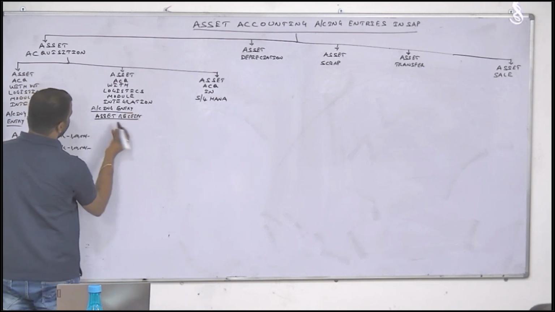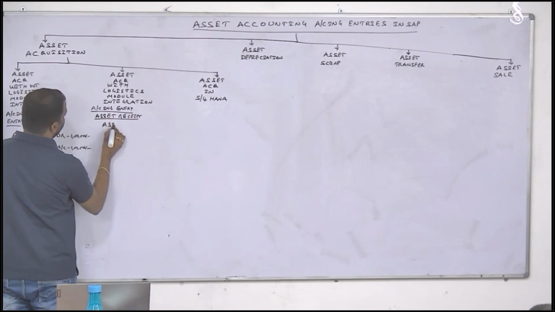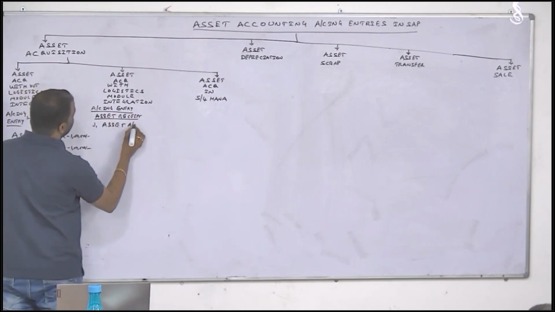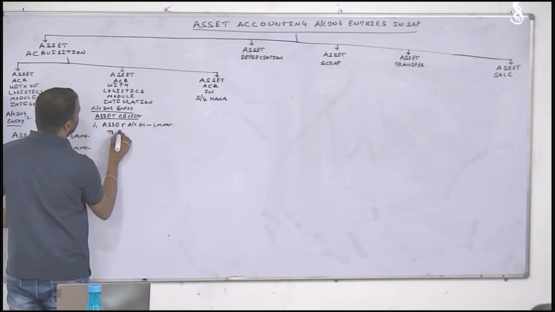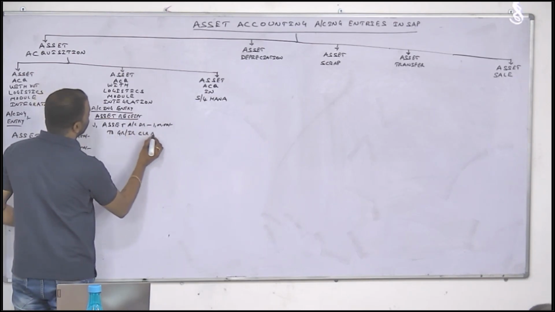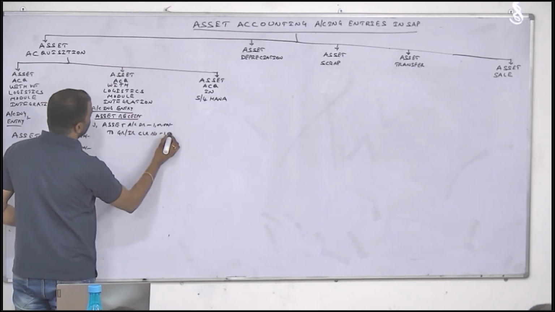First, it will post as asset account debit, how much, to GRIR clearing, how much?